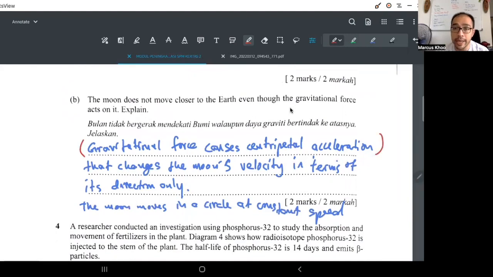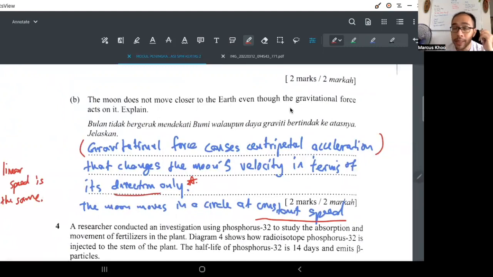The centripetal acceleration changes the moon's velocity in terms of its direction. So I want to qualify this. The linear speed remains the same, but the velocity is different because we are changing the direction of the moon.